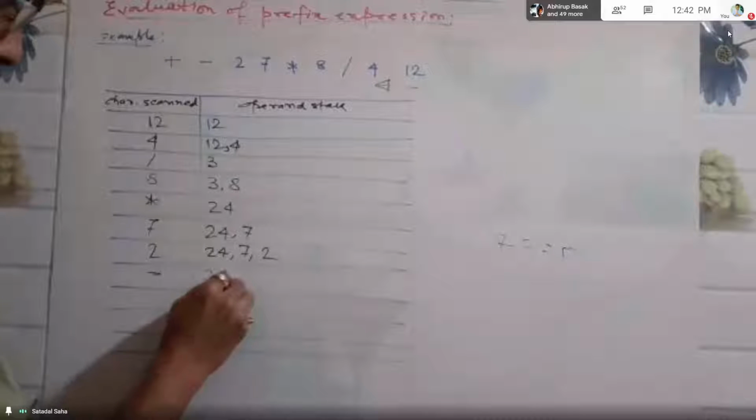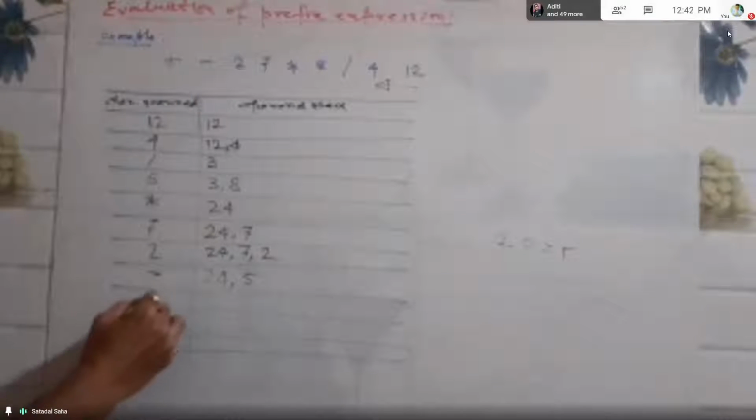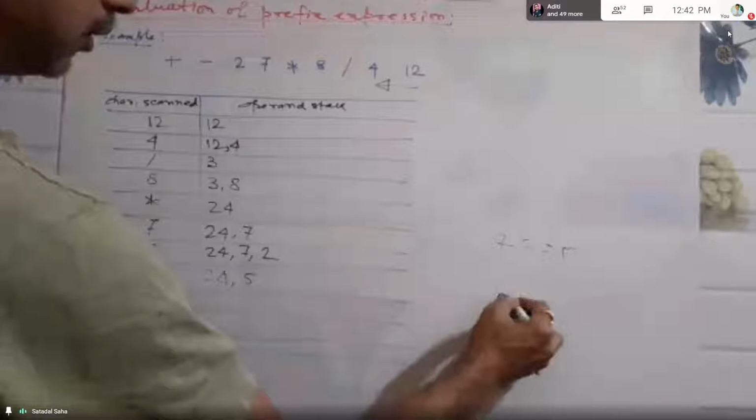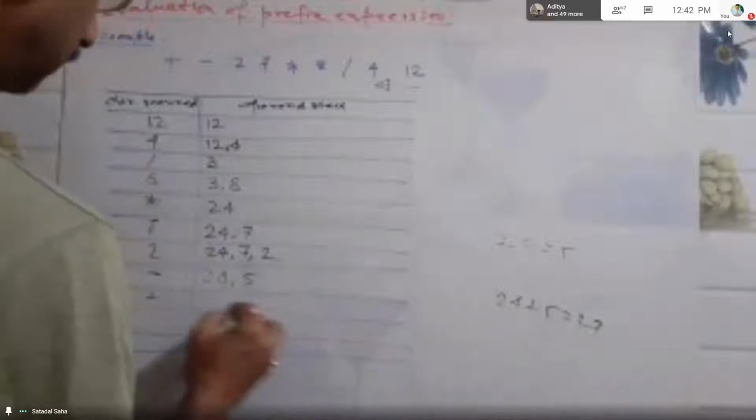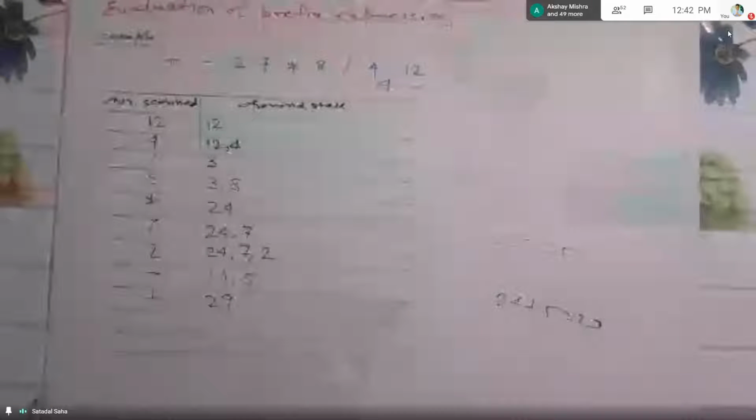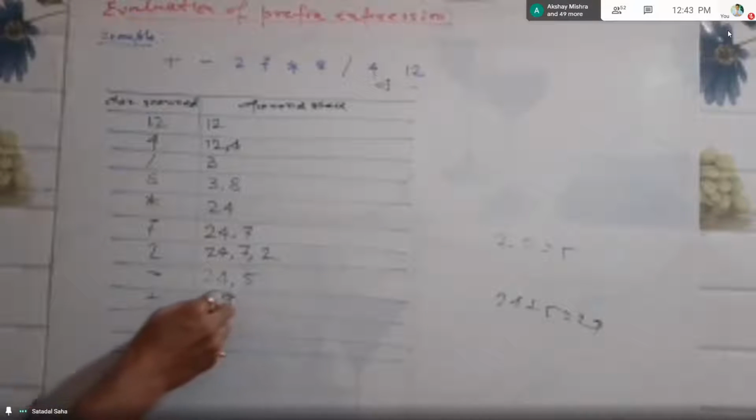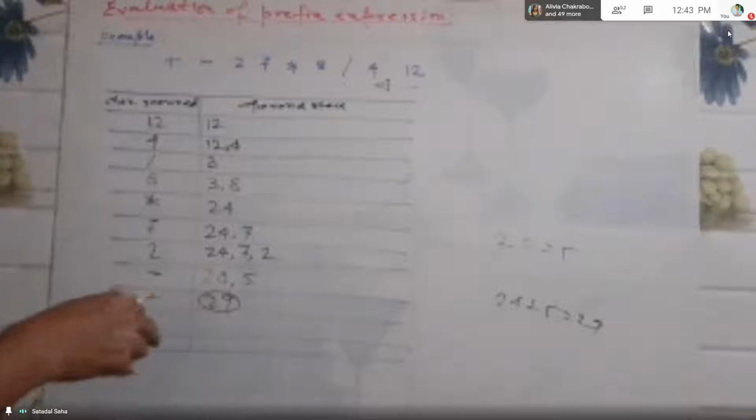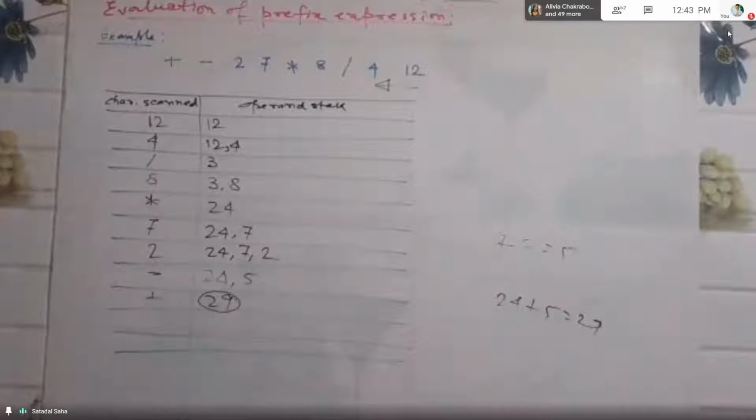So 24 and 5. And then you have plus sign. For plus sign also you need to pop this 24 plus 5, that is 29. You have this 29, which is the ultimate result. After all the operations, you need one operand on the operand stack at the top. This operand will be the result. So the result of this operation is 29.